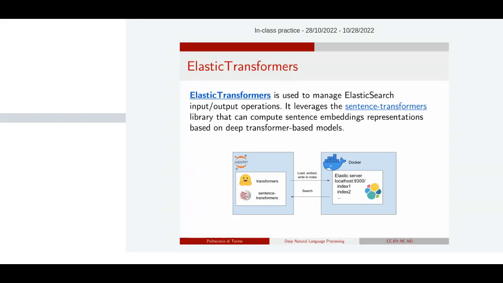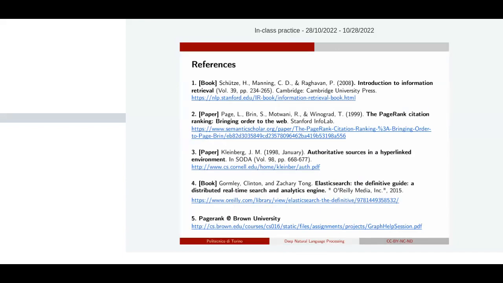It means you can connect this library to a model, in this case a sentence transformer model, and compute the vector representations of the documents to index them on Elasticsearch. The sentence transformers are based on deep transformer-based models. It's a quick mention for any of you who want to go deeper into the details of these libraries.